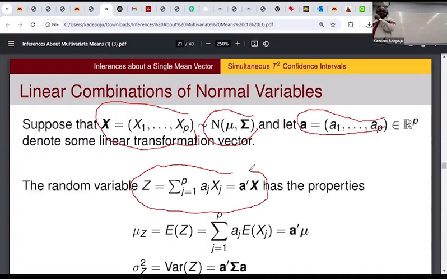And of course, if z is a random variable, we need to investigate what is going to be the mean and the variance, because if x1 up to xp follow multivariate normal distribution, we also expect the linear combination of them to follow normal distribution. If I really want to have a probabilistic computation based on the linear combination random variable z, then I need to figure out the mean and the variance.